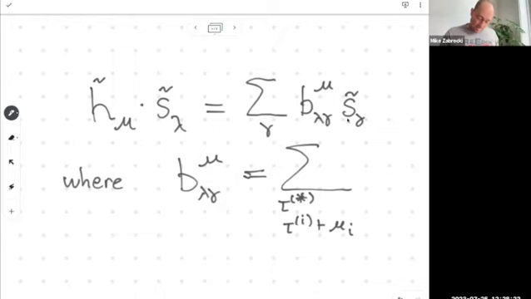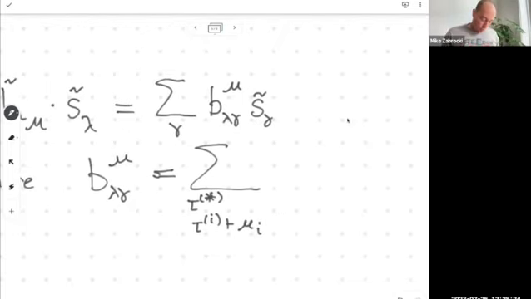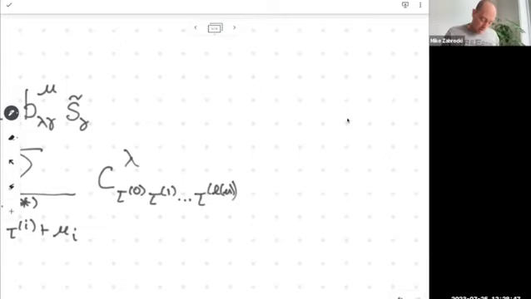And we're going to take the Littlewood-Richardson coefficient, lambda, tau 0, tau 1, through tau L of mu, and then c gamma, tau 0, tau 1, through tau L.